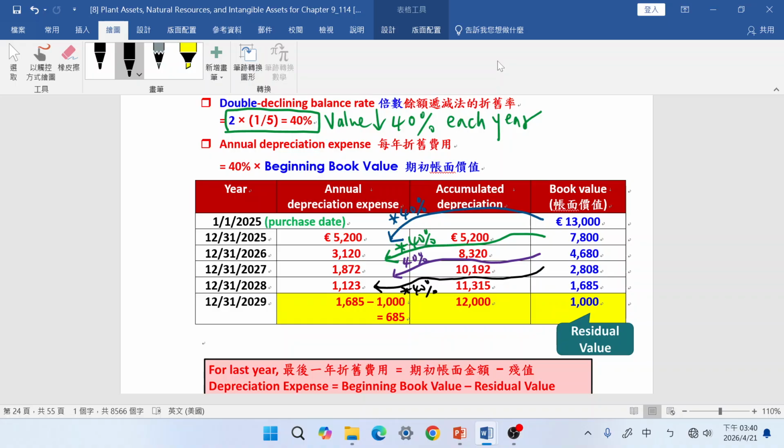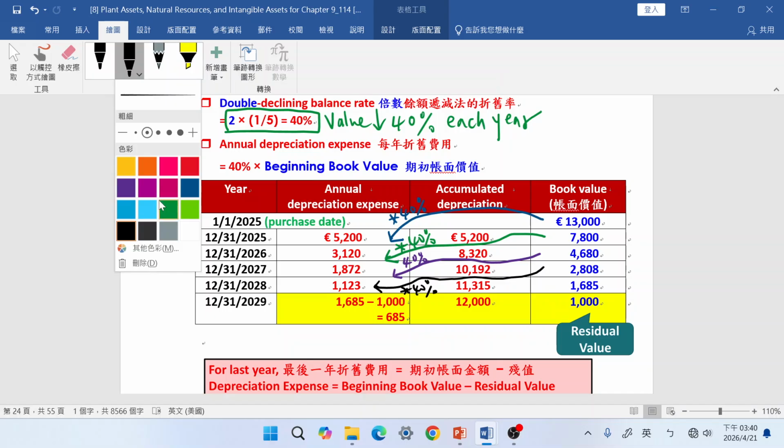But be careful. For this method, be careful for your last year. If you continue the way to get the number for last year, you'll find out your residual value is now $1,000. So for this method, be careful what? You want to get your depreciation expense.